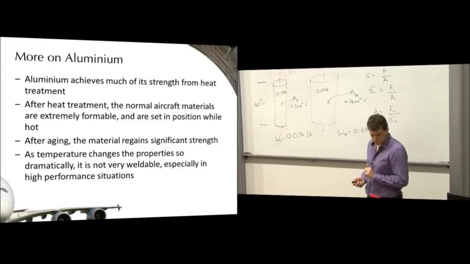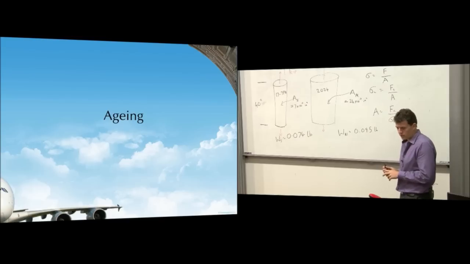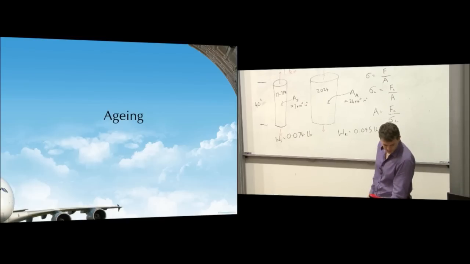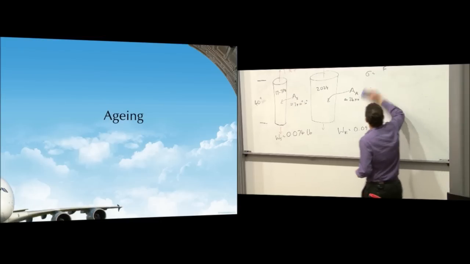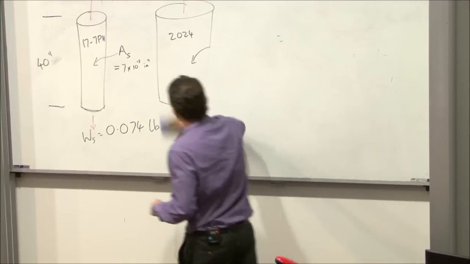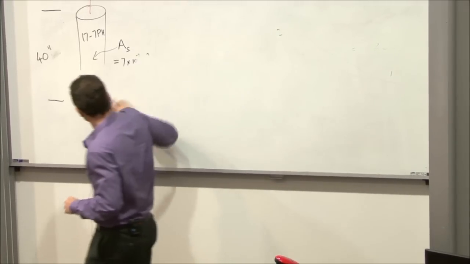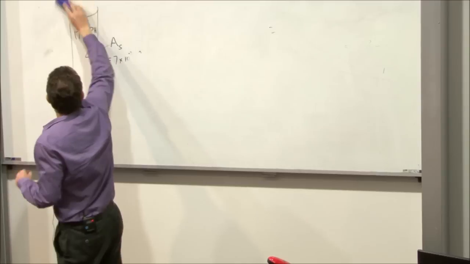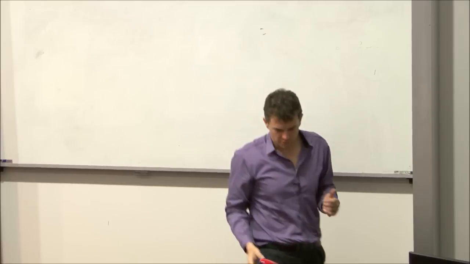So for the next little while, I want to talk about the aging of aircraft. There are different mechanisms by which aircraft age, and we'll talk about 4 different mechanisms.